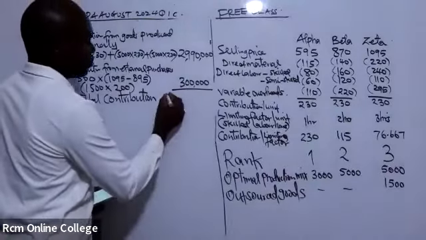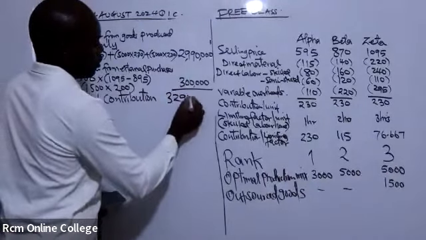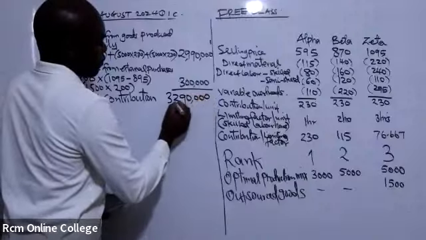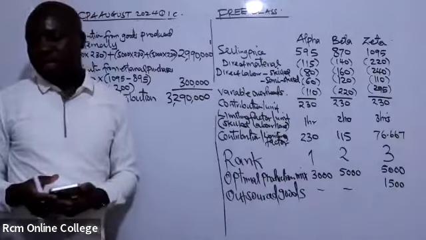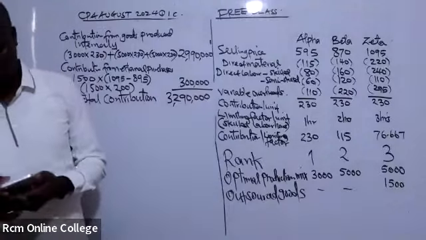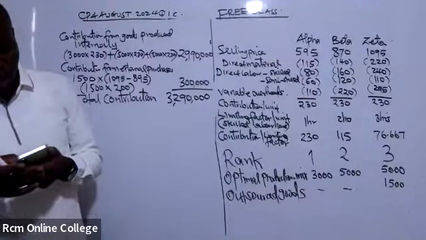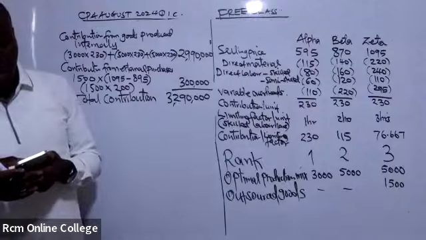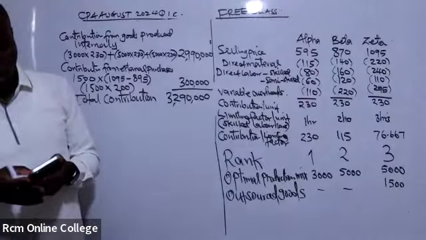So we have 32.90,000. Perfect. Once we have 32.90,000, what are we required to do?